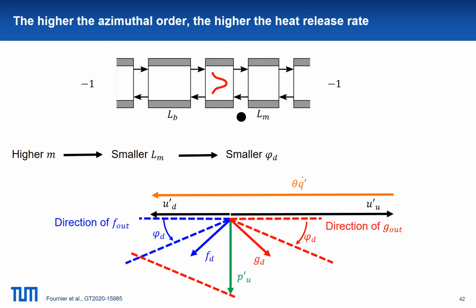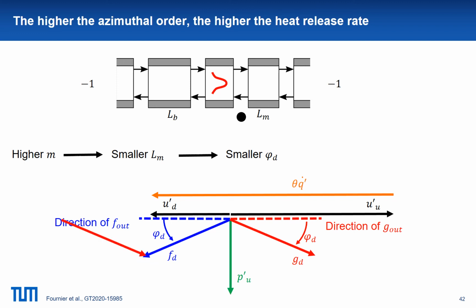But since the jump condition must still be satisfied, we obtain phasors that are longer. Which means that now the downstream velocity of the flame is higher, which implies that the heat release rate will be more important. So the higher the azimuthal order, the higher the heat release rate.